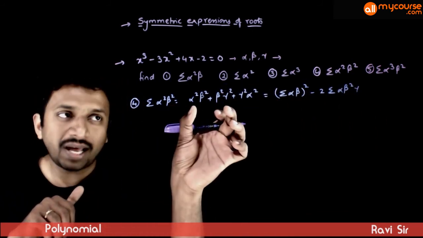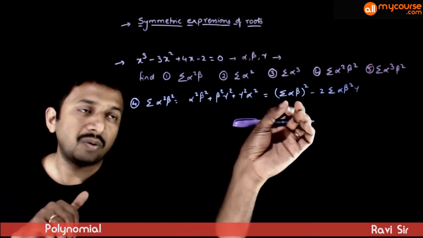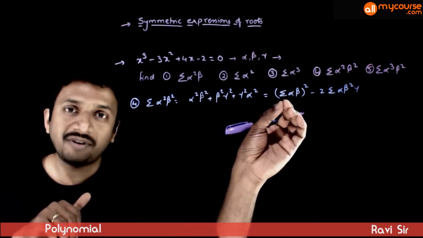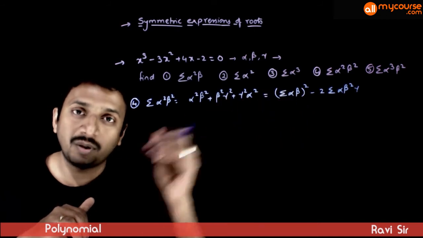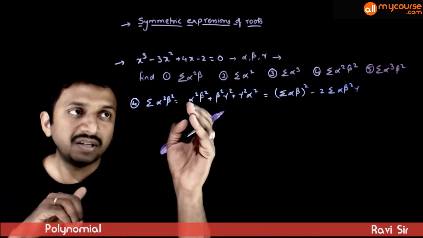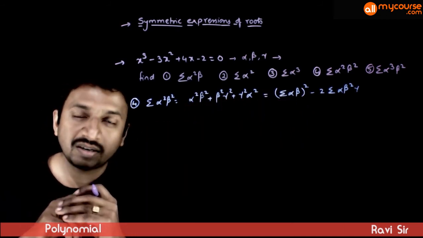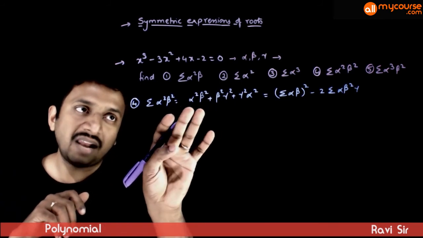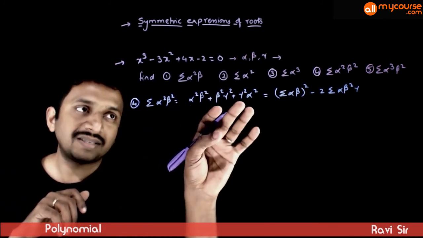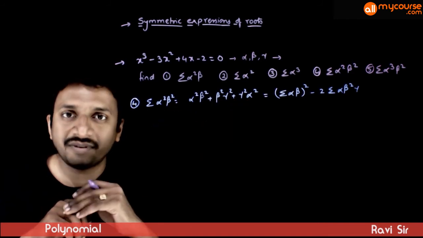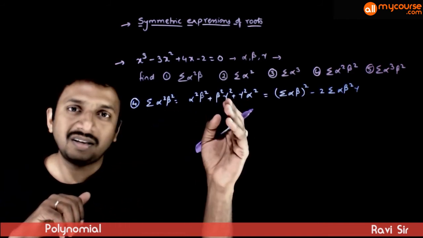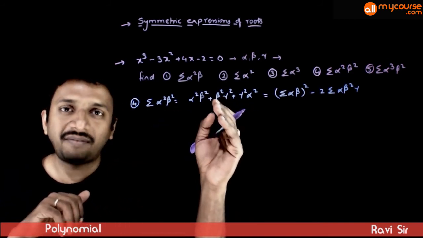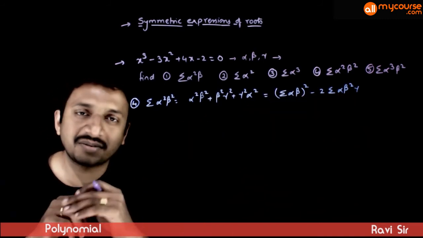That is minus 2 times this. So alpha beta plus beta gamma plus gamma alpha whole square is equal to this square plus this square plus this square, plus 2 times alpha beta square gamma plus beta gamma square alpha plus gamma alpha square beta. That can be written as this.